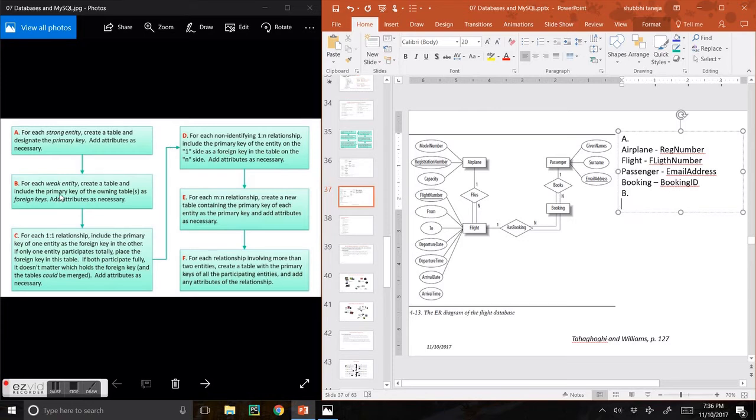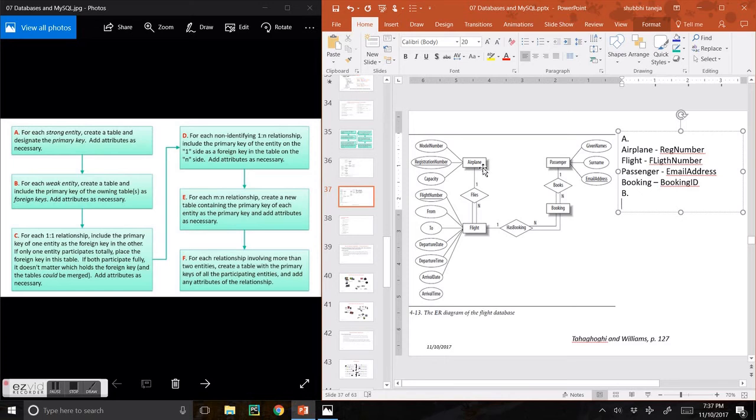I'm going to move to part B now. It says in part B, for each weak entity, create a table and include primary keys of the owning table as foreign keys. Add attributes as necessary. Now, reminding ourselves how weak entities look like. Weak entities are anything that's surrounded by double rectangle.